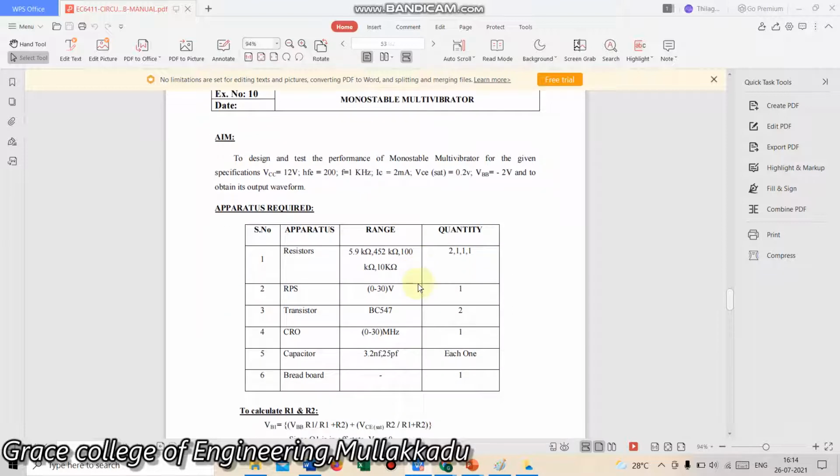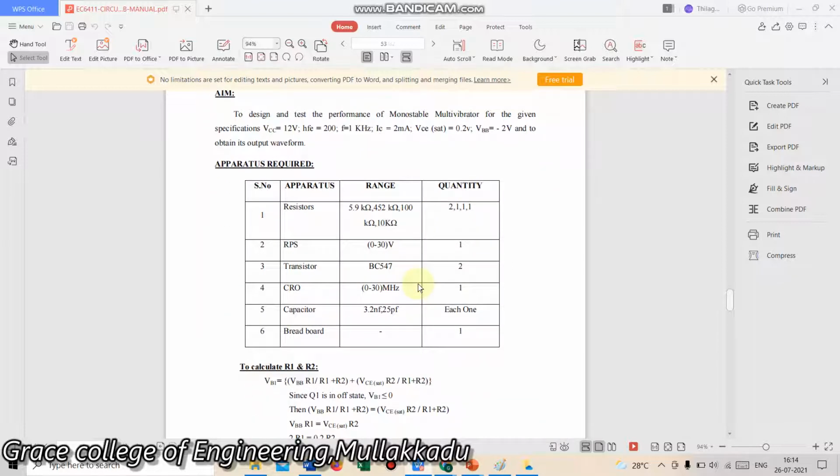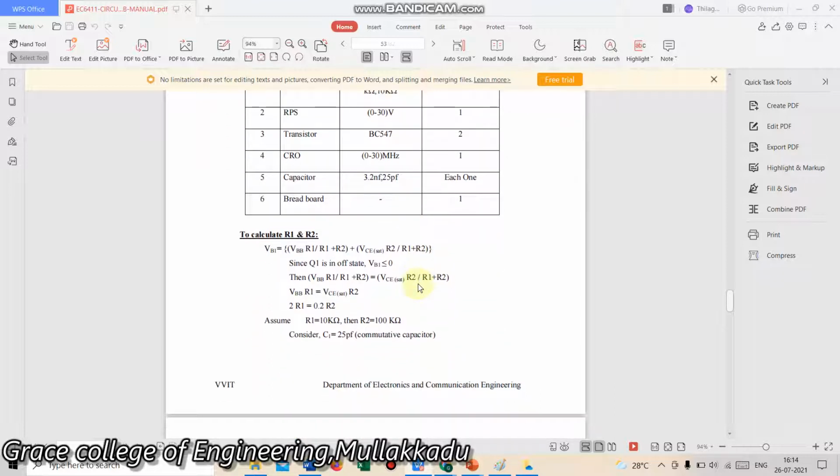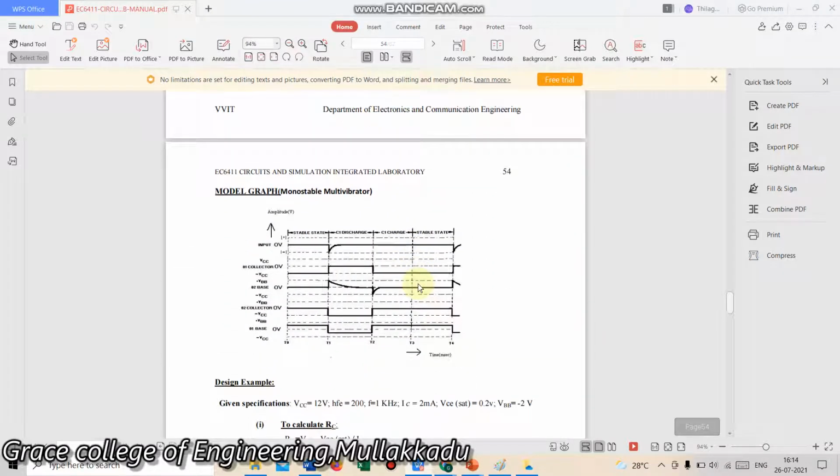Monostable multivibrator design procedure. Here we have to design the monostable with VCC of 12 volts, HFE of 200, F equal to 1 kilohertz, and IC equal to 2 milliamps, to calculate R1 and R2. After calculating these values, we can design the circuit diagram. Here the input pulse is given at the base of Q1, and the output is measured at the collector of Q1 and the collector of Q2.